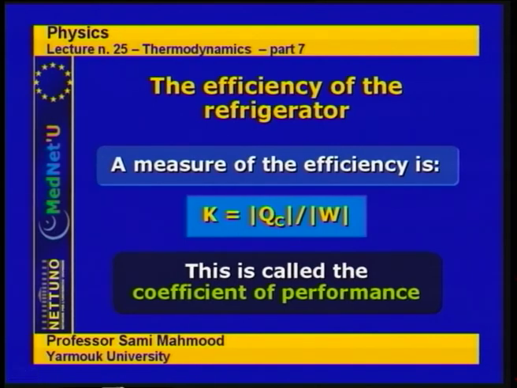And notice that this definition follows the same logic that we have talked about: it is the benefit that we are seeking, Q sub C, the amount of heat extracted from the food compartment, or from the low temperature reservoir, which is the inside of the refrigerator.